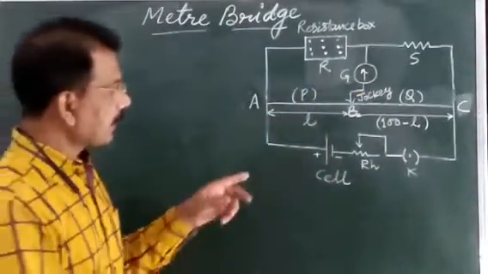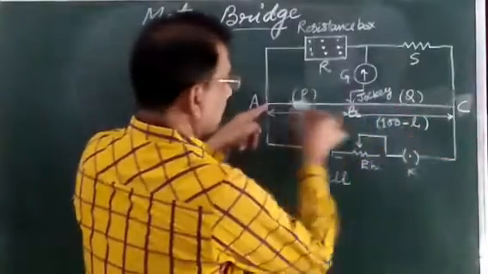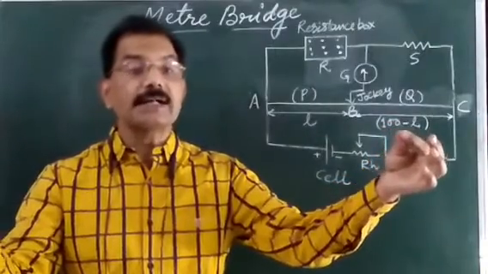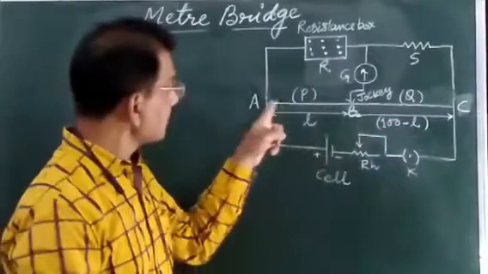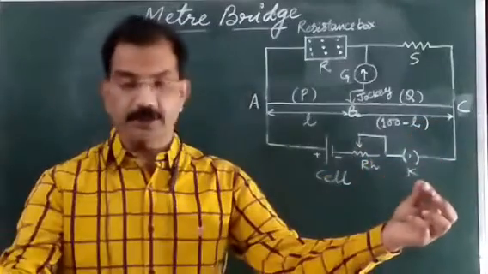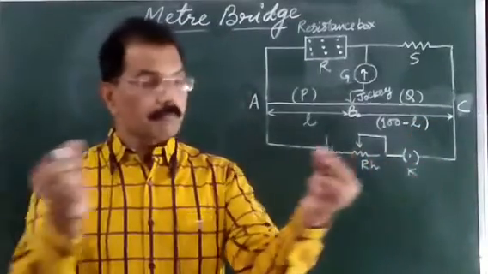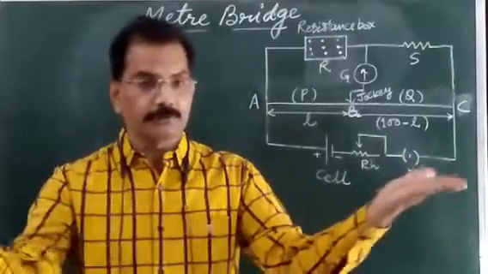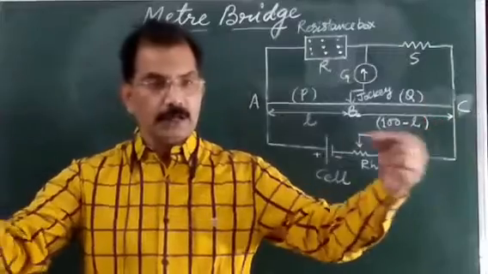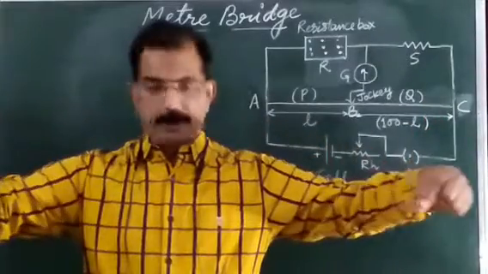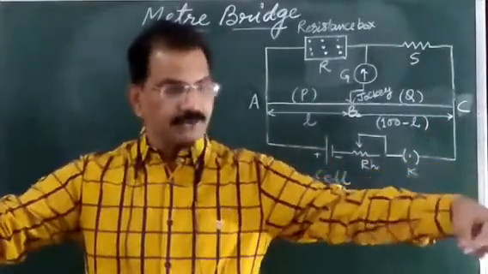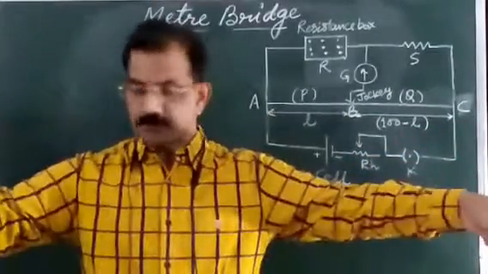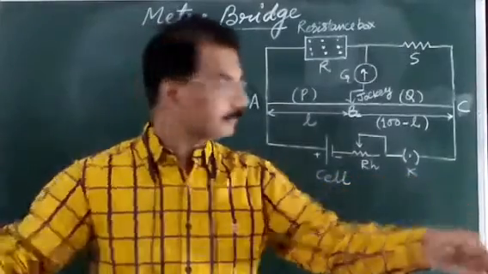In the meter bridge, AC is a wire of length 100 centimeter, which is mounted on a meter scale and fixed on a wooden board, with 2 terminals at its ends.